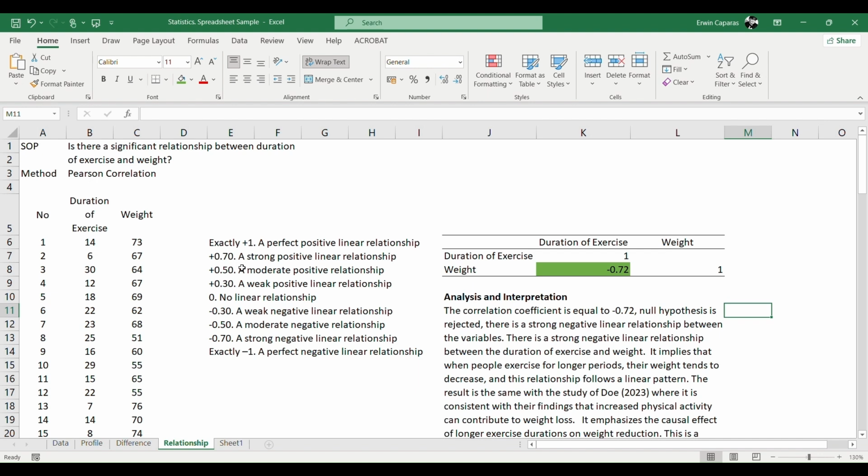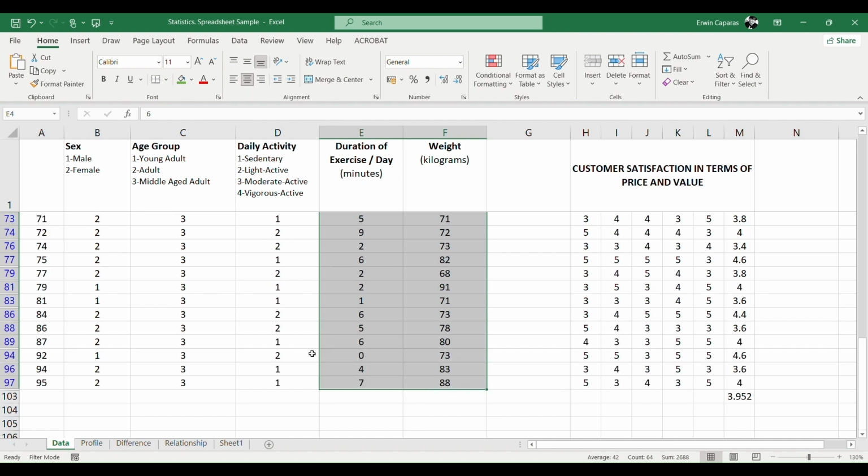So in this inferential question, it states: is there a significant relationship between the duration of exercise and weight? So it is a determination of the relationship of one variable to another variable. Okay. Now, going back to our data, we copy and paste the required data.